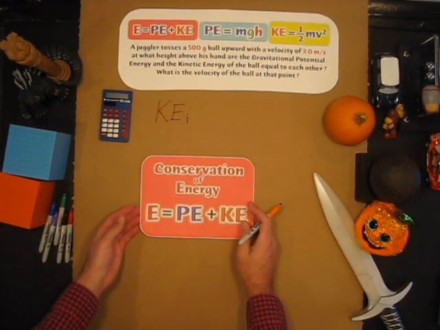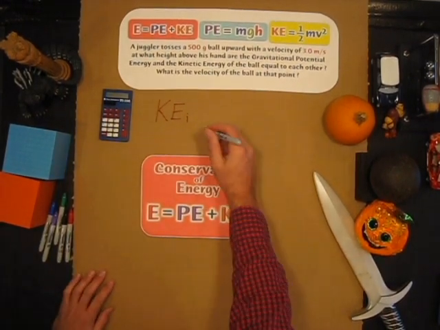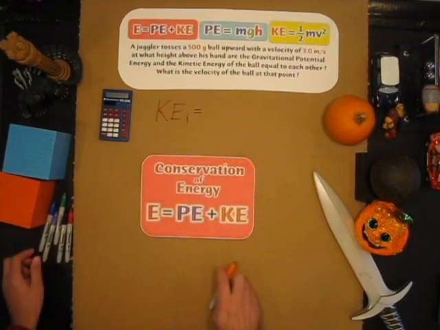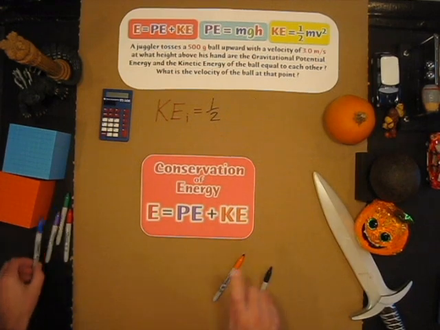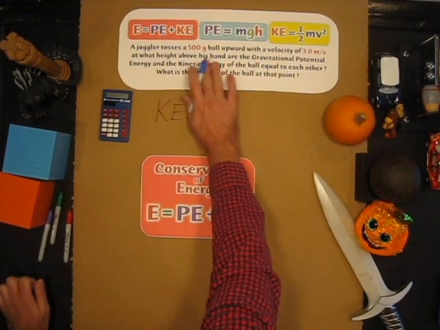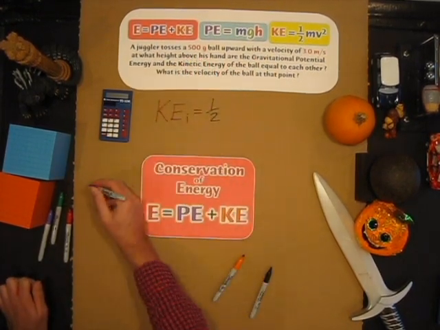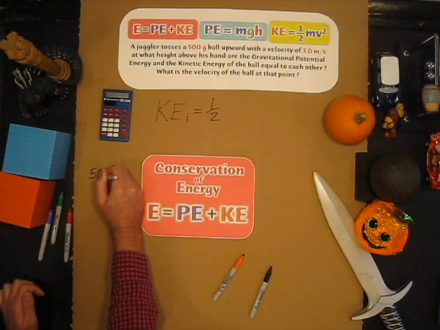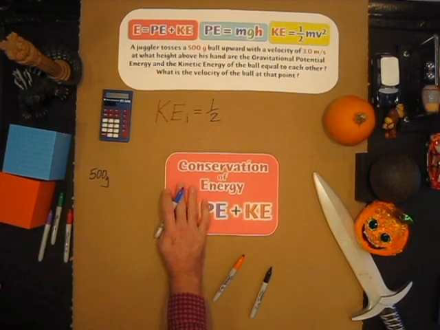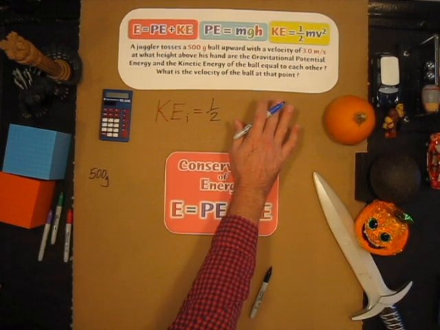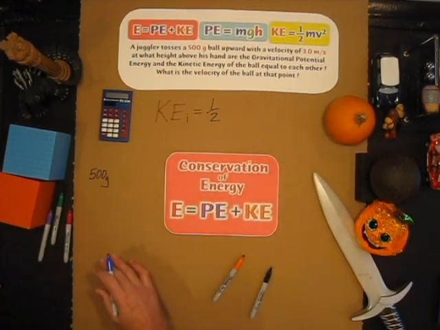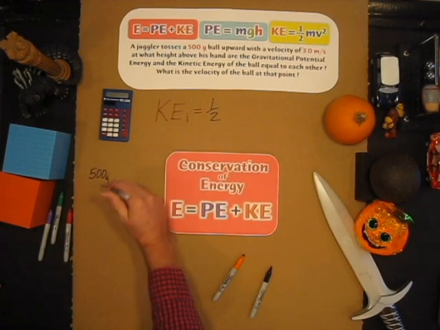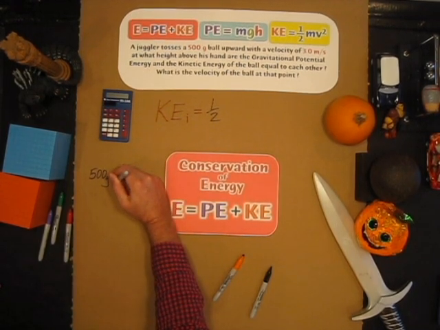Okay, kinetic energy initial is equal to 1/2, of course, and the mass of the object, which is 500 grams. If it's 500 grams, we don't want to put grams in here, as you know, because of the definition of the joule and the newton, and even the watt. We have to use kilograms.